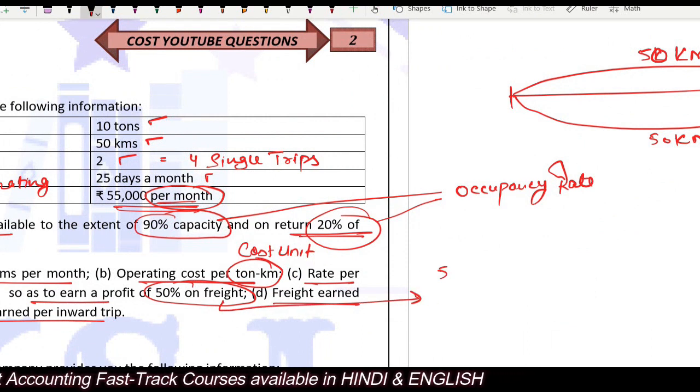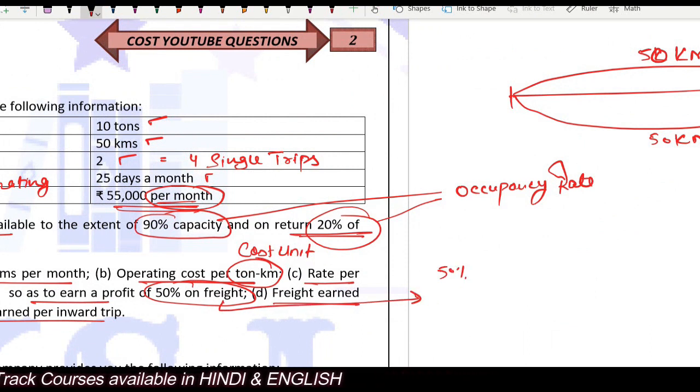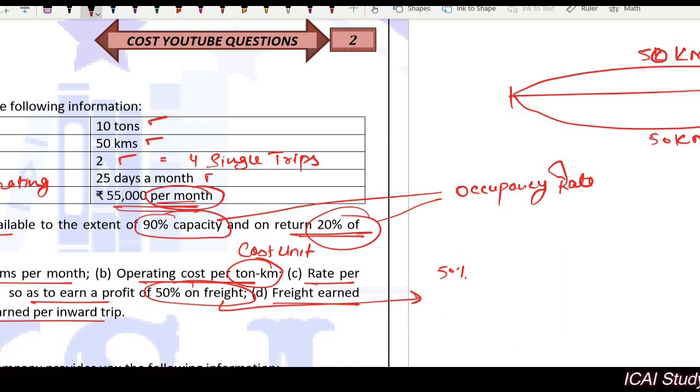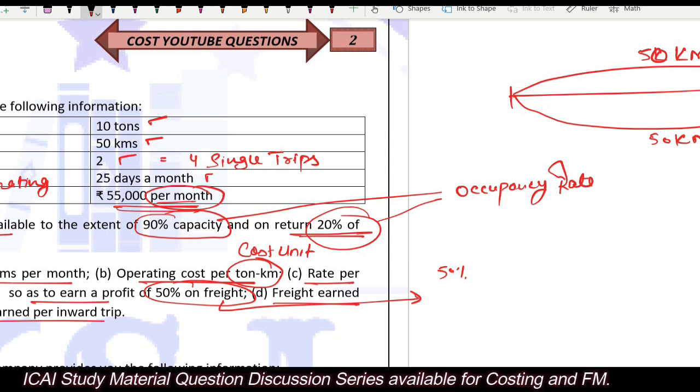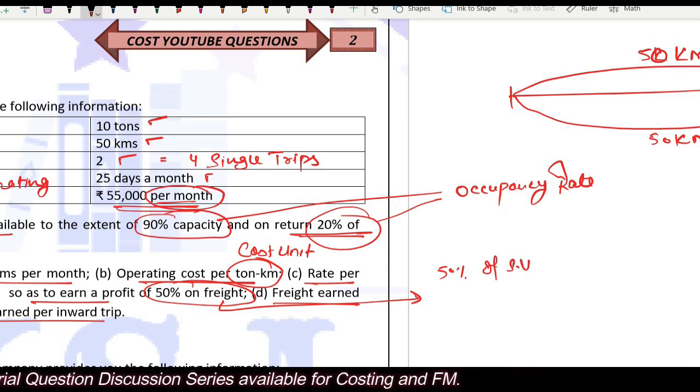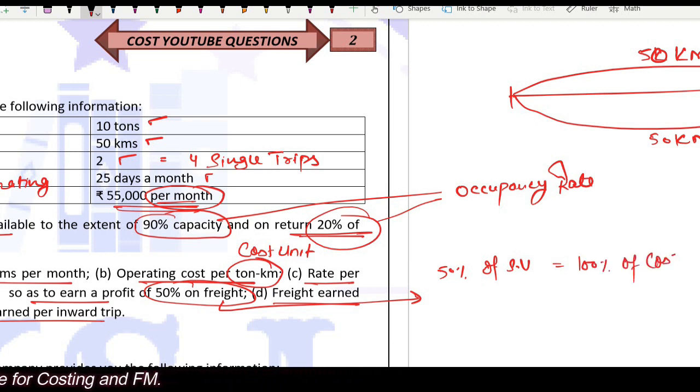The freight is the amount that you will be charging from the customer. Obviously you will add the profit in that. Cost plus profit is equal to the total freight that you will be charging, right? So if it is 50% of sales value, then it is equivalent to 100% of cost, right? This concept we have discussed many times.